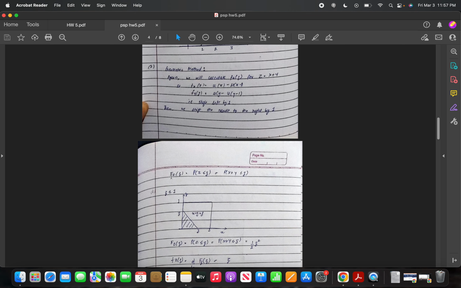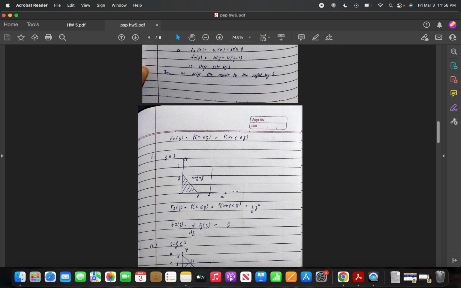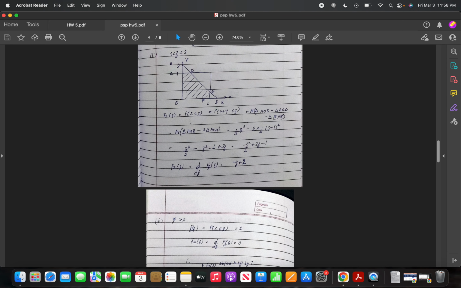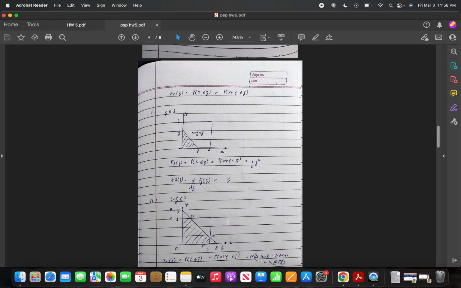Now we know that the CDF of Z can be written as probability of Z less than or equal to small z, which is probability of x plus y less than or equal to Z. Now there can be the following cases. So the first case is when Z is less than or equal to 1.